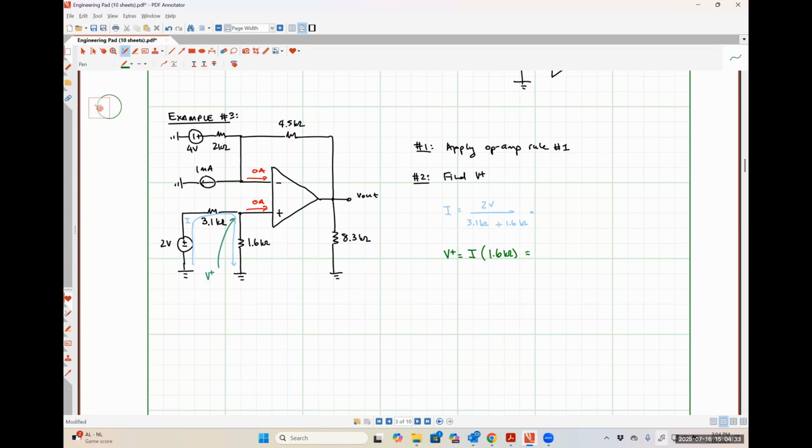So 2 divided by 3,100 plus 1,600 winds up giving me 0.426 milliamps. And then if I multiply that by 1,600, I wind up getting 0.681 volts. So, fantastic job, West. Nothing remotely wrong with your thought process there. I just want to mention an easier way to do it.